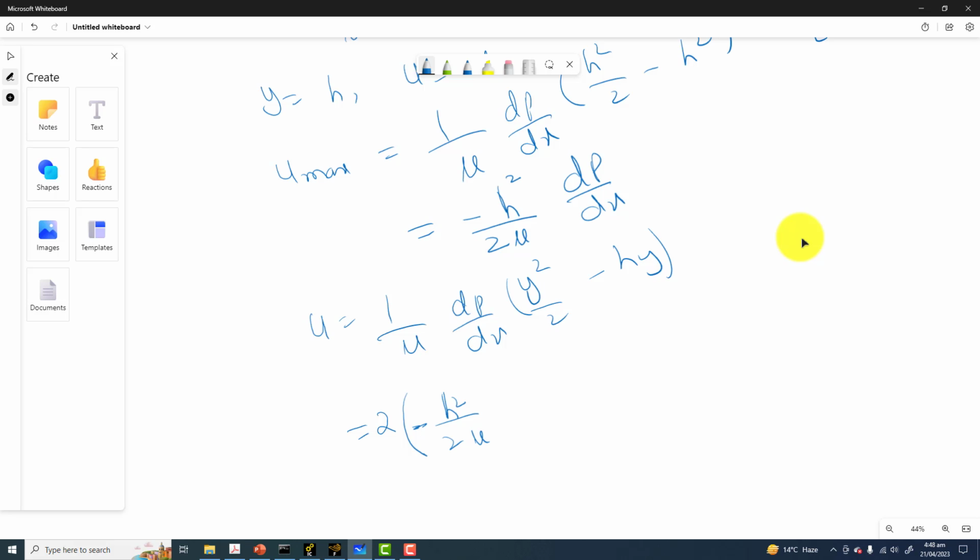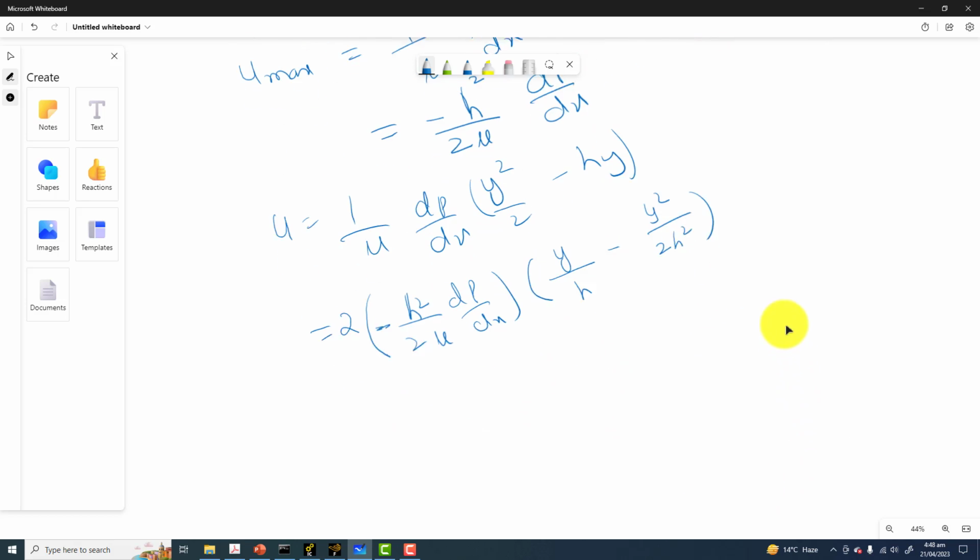So if I take minus sign common, and here dp by dx will be same. So if I take the h square and minus sign common, this will be equal to y upon h, and this will be equal to y square upon 2 h square.